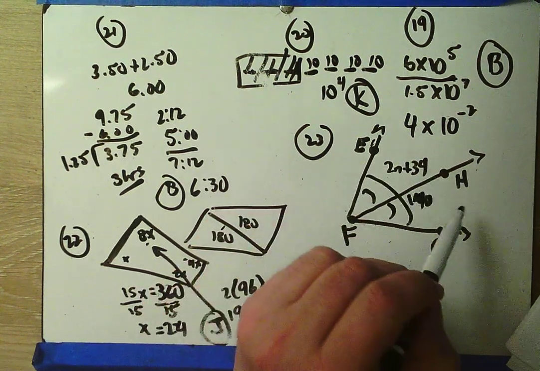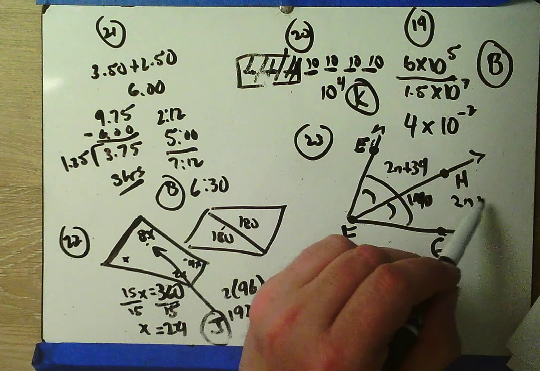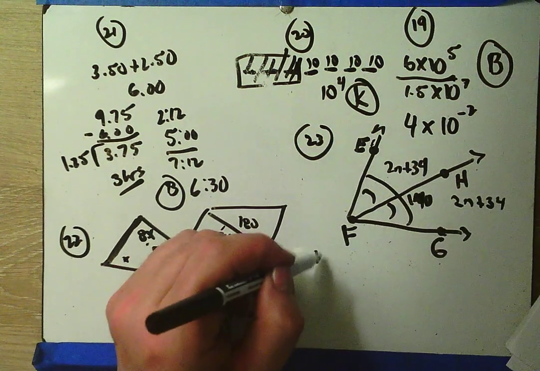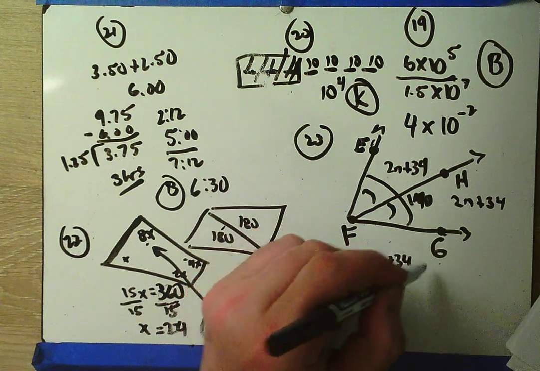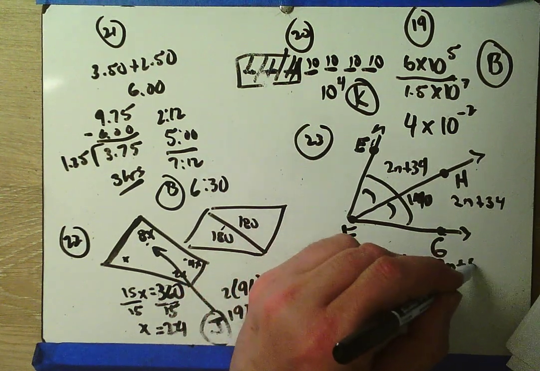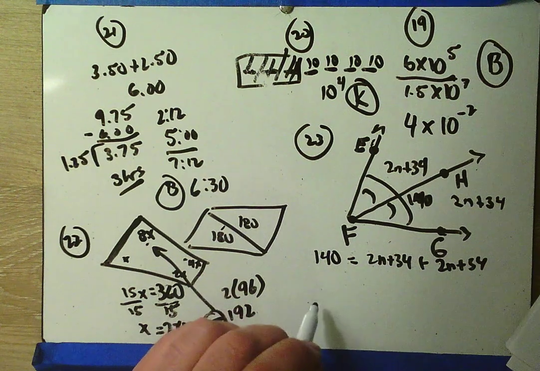We could say this must also be 2n plus 34, and so 140 equals 2n plus 34 plus another 2n plus 34, and solve that equation.